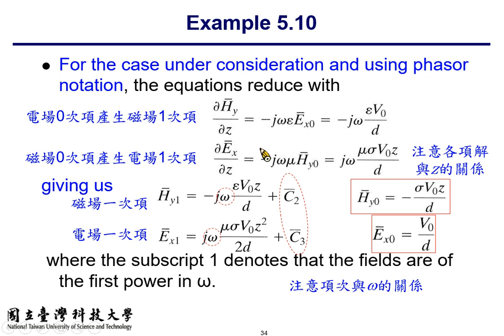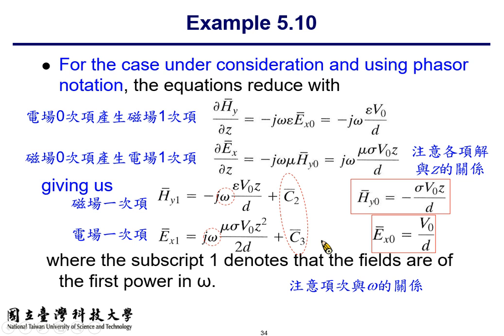Note that you need to integrate the true equation to get the complete expression for the first order magnetic field and the first order electrical field term. So you end up with C2 and C3, two constants.